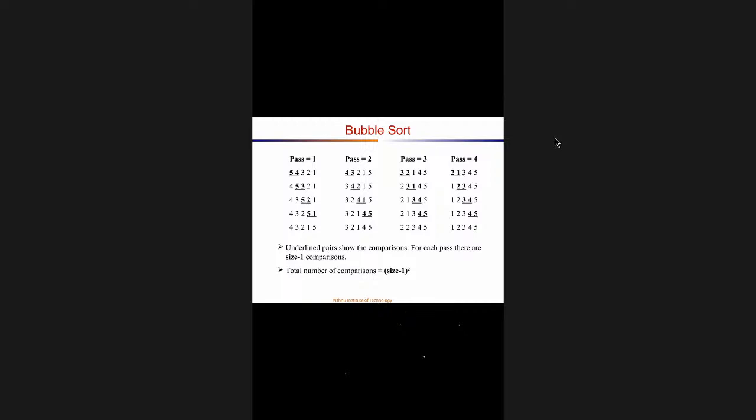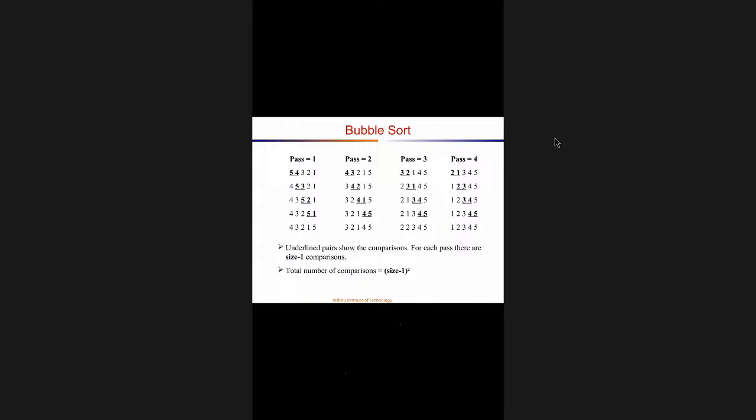Then 4 and 1, swap, 1 4. Finally you check 4 and 5, which is in increasing order. You complete the second phase.